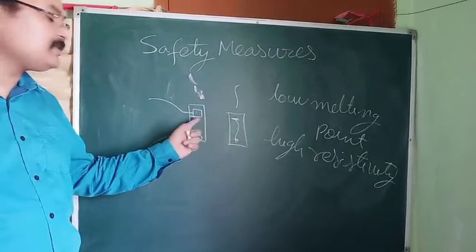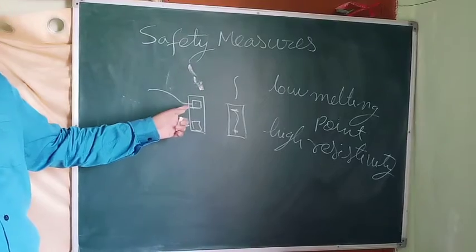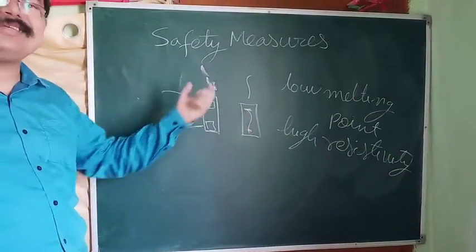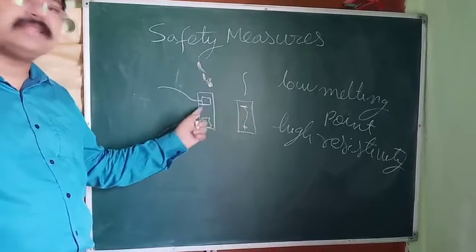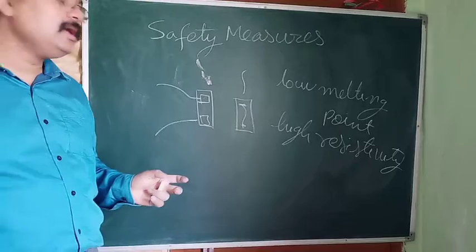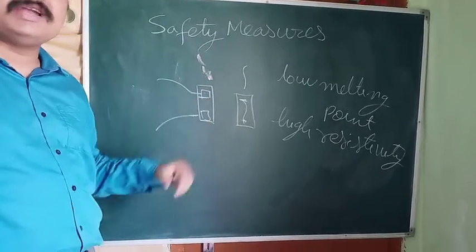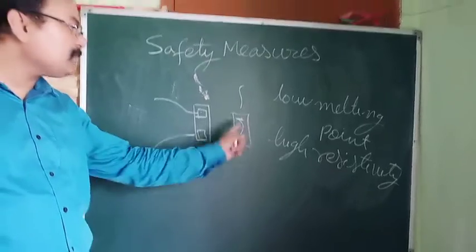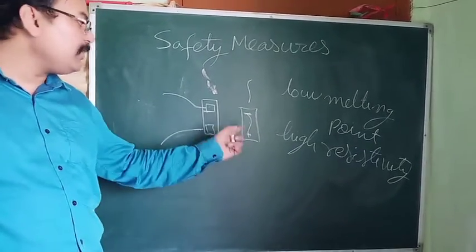And when it is connected in series, then what happens? Whatever current is coming to the house or the factory is passing through this and then reaching the house for further use. Now see, if there is a fluctuation of current due to certain reason, then that current will first pass through the fuse. As it has got high resistivity, it will get heated up.